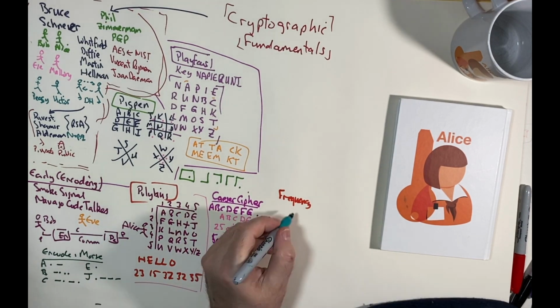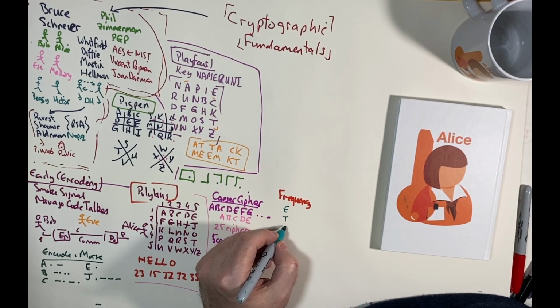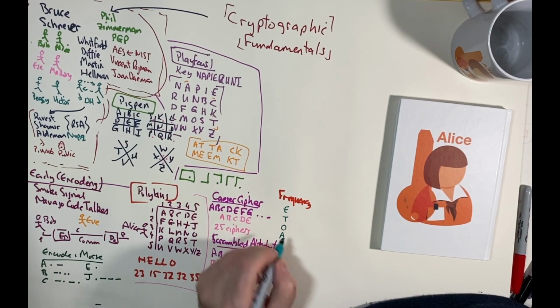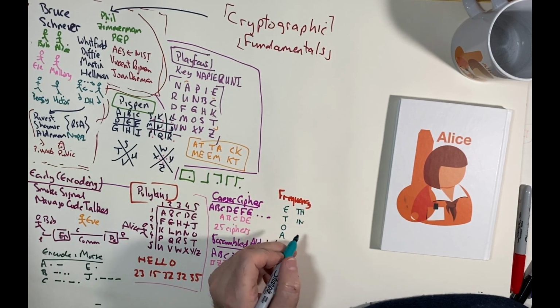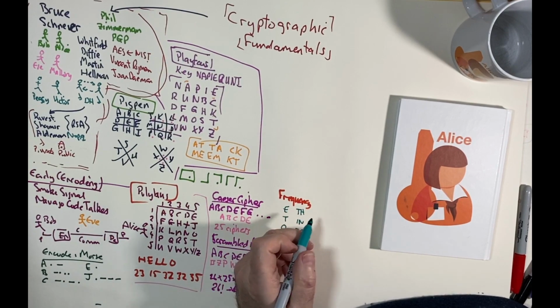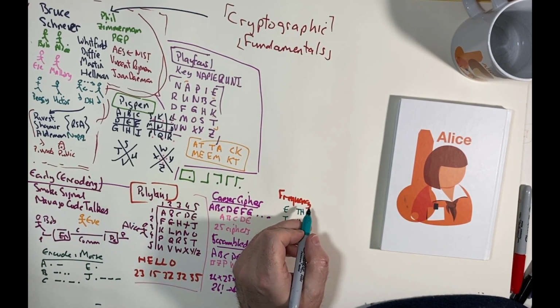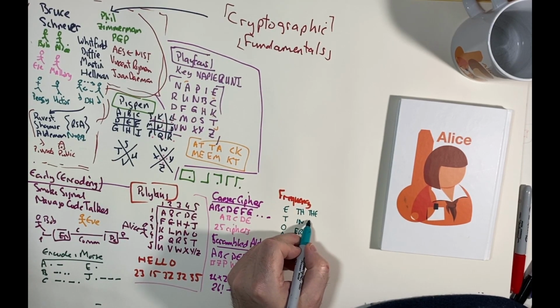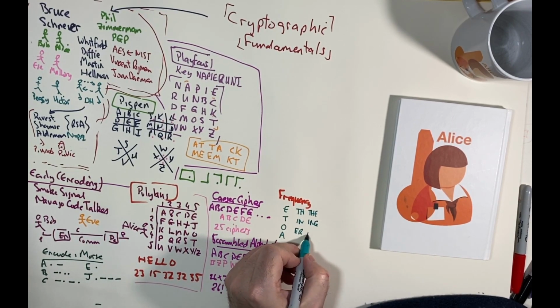For this, we find that E is the most popular character, followed by T and O and A. We find that for diagrams, a T and an H, the word in, are the most popular two-letter occurrences. And then for trigrams, the is the most popular one here, ing at the end of a word, and.